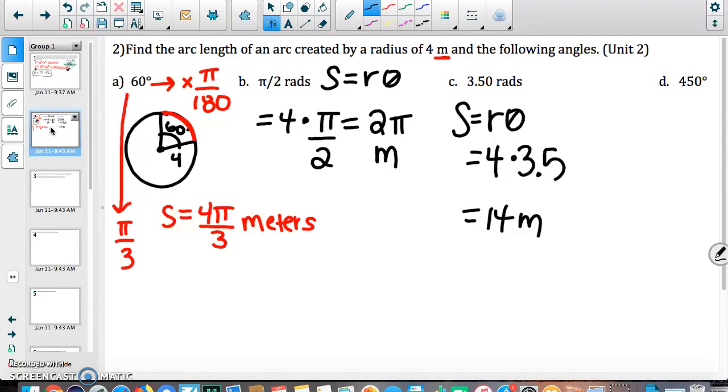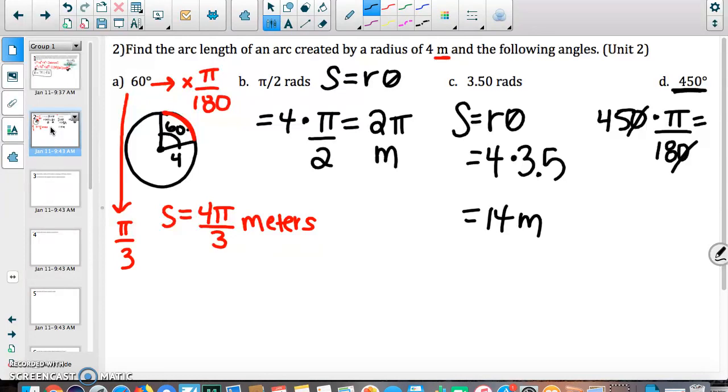And on the last one here, hopefully you don't just plug in 450, because we do have to convert that into radians first. To convert it to radians, it's just pi over 180. So that would give me, canceling out those zeros, 45 divided by 18.